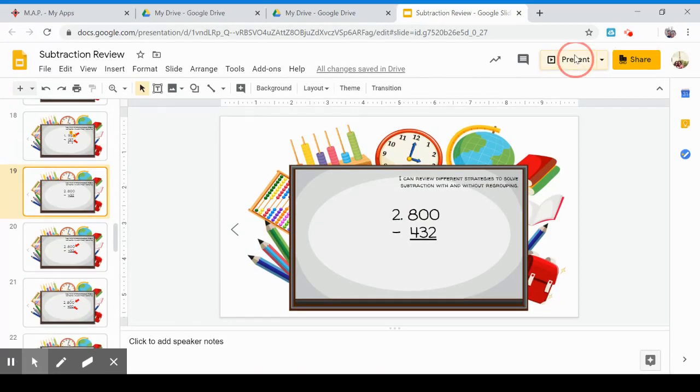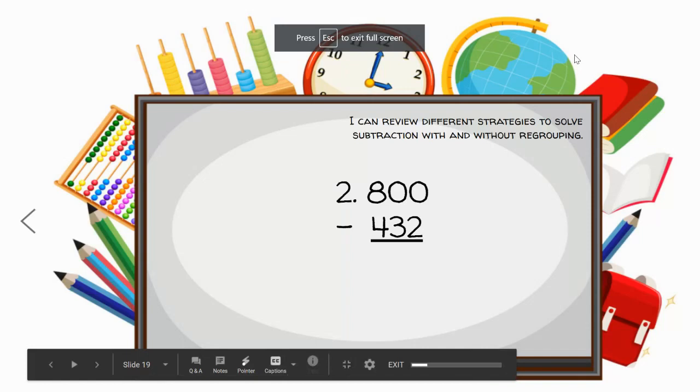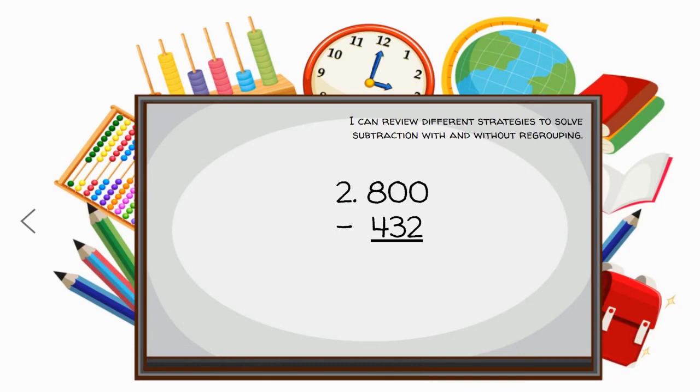Now, let's do another problem. In this problem, we're going to do 800 minus 432. And this is where we need to really think about the zeros in the ones place and in the tens place. Okay, so the same. What is the first thing I need to do?